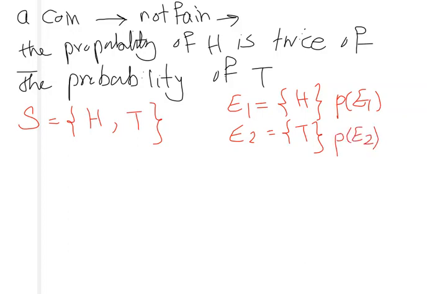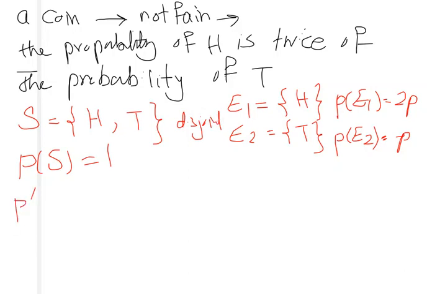Okay, if we set the probability of E2 as p, according to this sentence, the probability of H is twice the probability of T. It means the probability of H is 2p. Again, we know from axiom 2 that the probability of S is 1 and E1 and E2 are disjoint.